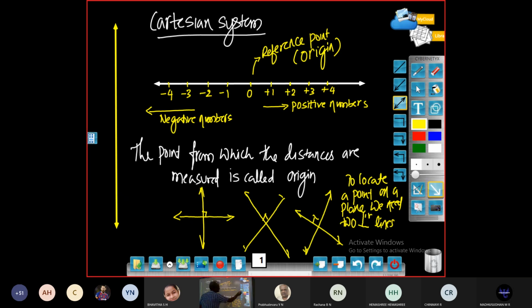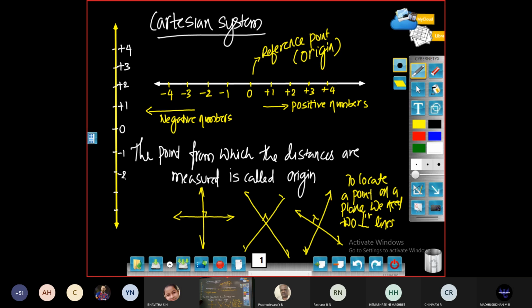Here also you can mention the points. One point is 0. Then at equal distances you can mark the numbers. So in the upward direction you represent positive numbers like this.